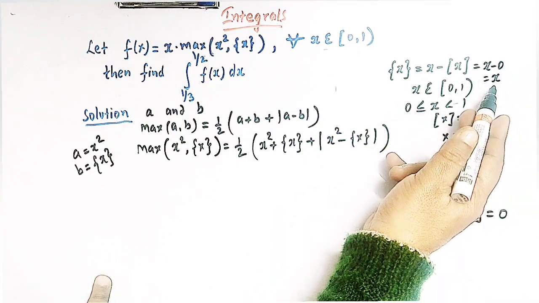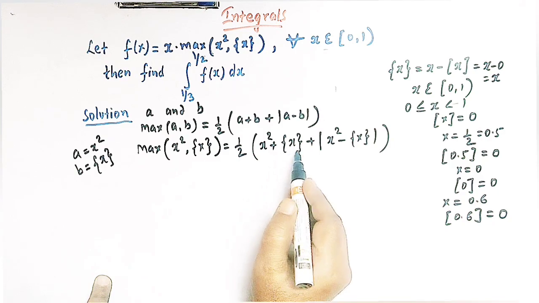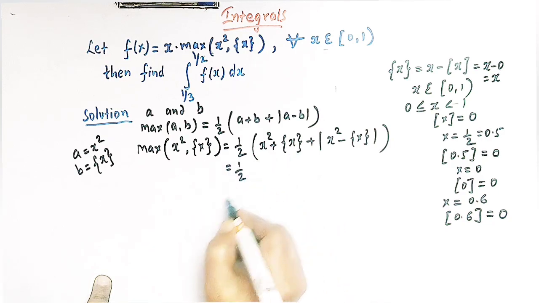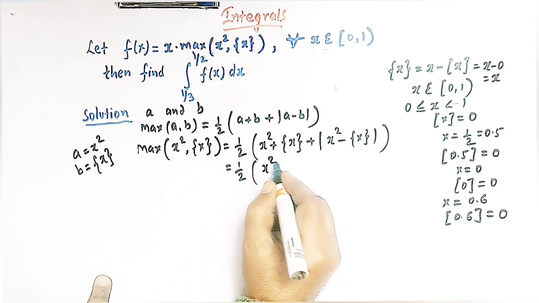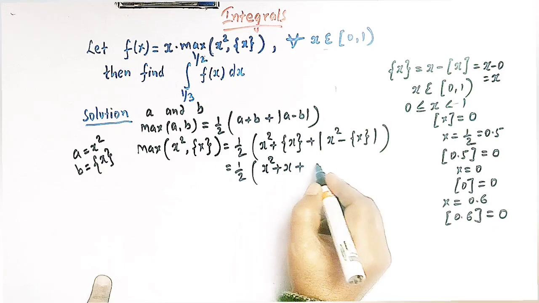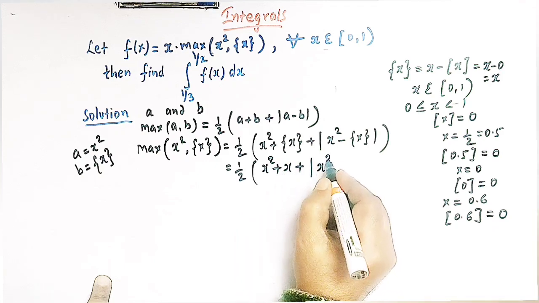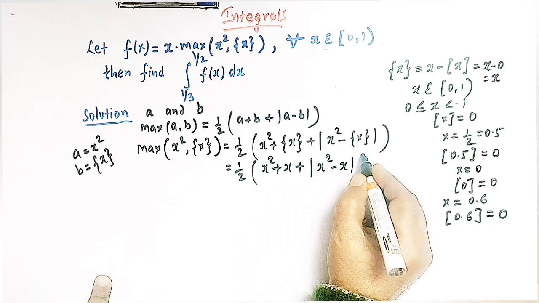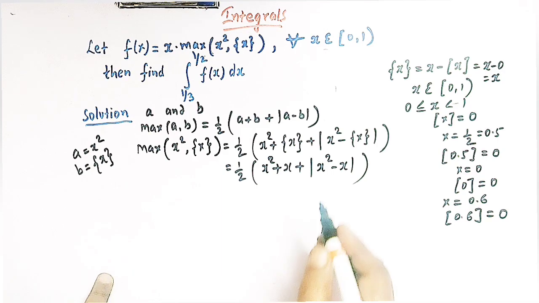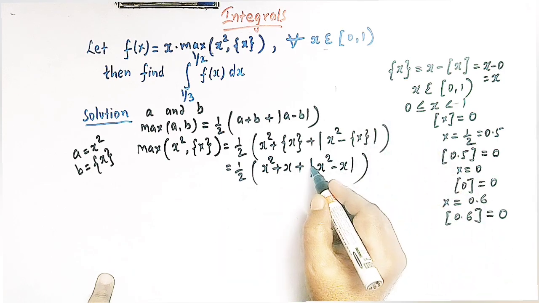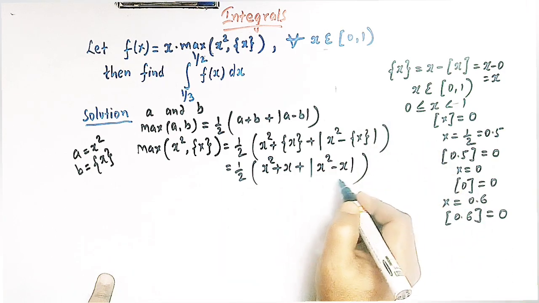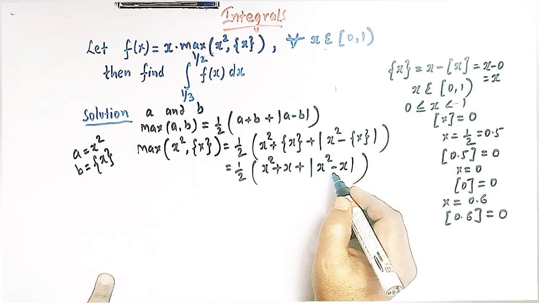So taking x as the fractional part of x, we have here half of x square plus x plus mod of x square minus x. Okay, now our next aim is to simplify this mod function.